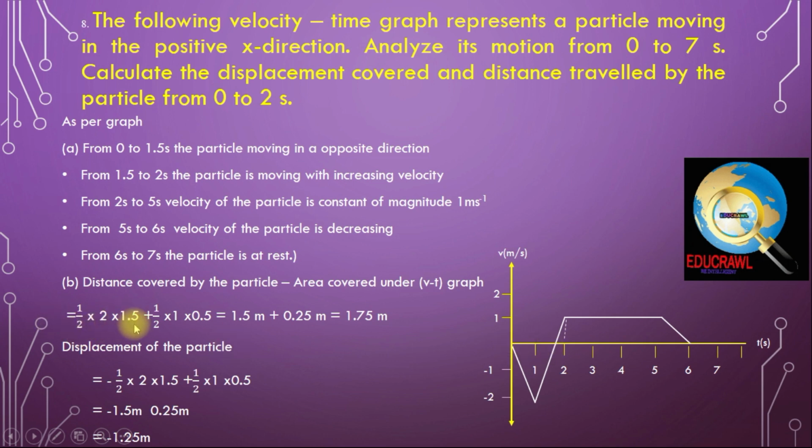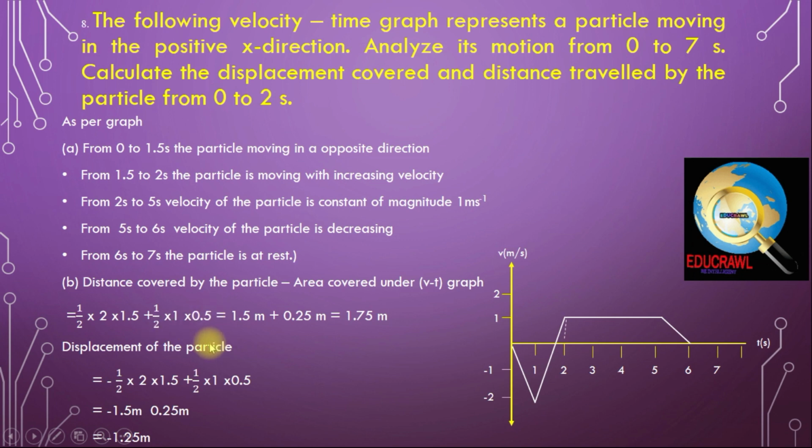So half into 2 into 1.5 is the area of the first triangle. The next triangle: the formula is half into base. This is the base, which is 1 unit, and this is the height, which is just 0.5. So half into 1 into 0.5 is the area of the second triangle.